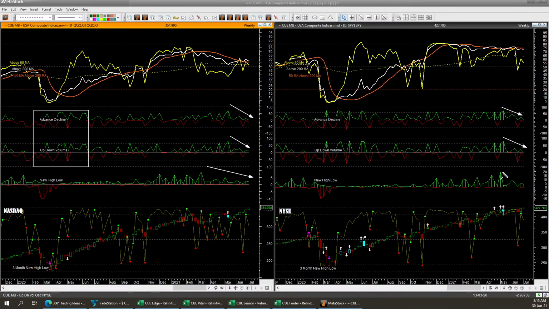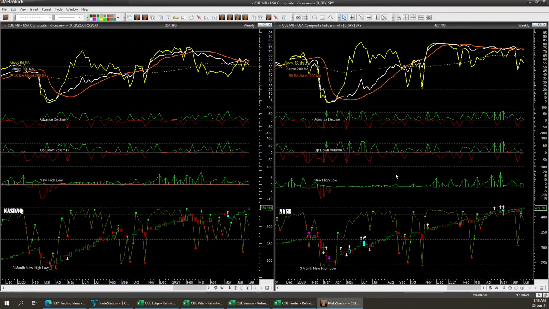New high low is remaining positive, and that has been positive for a very long time. In recent months, the divergence that is actionable is from the advanced decline and up-down volume, and that is showing bearish divergence. Very useful information to be cautious. This composite market internals clearly shows that Monday, Tuesday, the broad market did not participate in the rally.